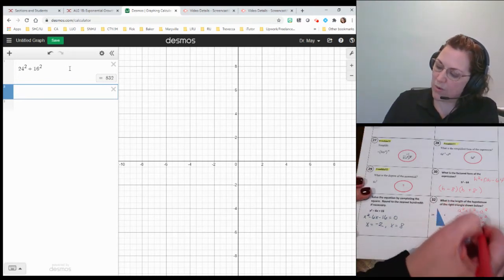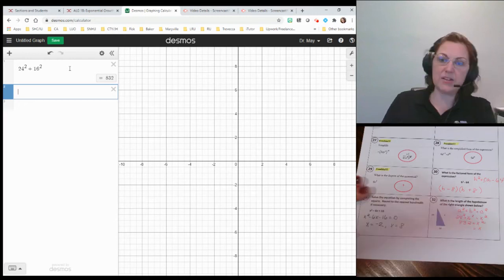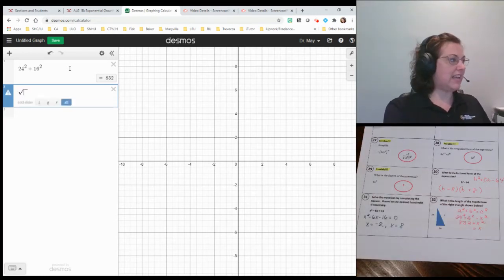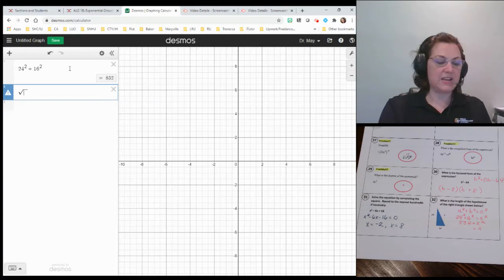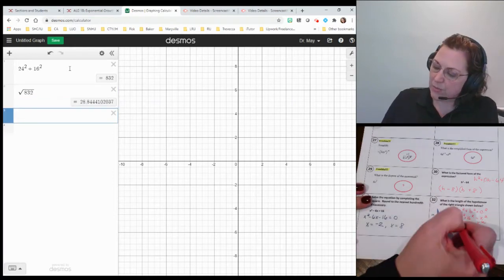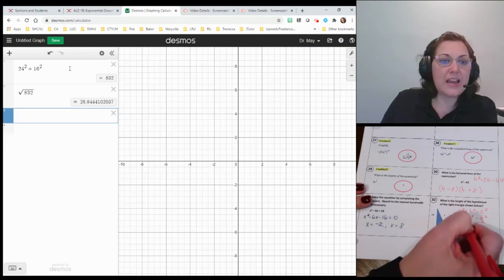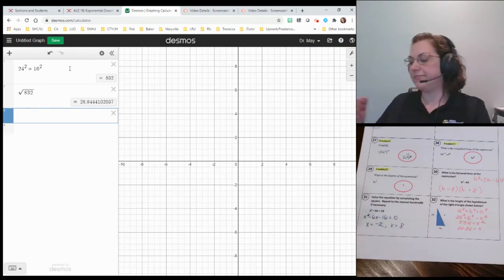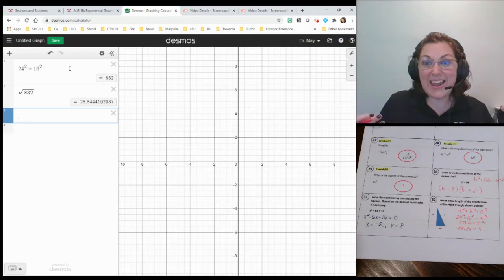And then I need a square root. So I'm going to do SQRT, puts that square root in there, 832, and I get a decimal, 28.84. If we want 28.8, whatever the answer choices lean themselves to be, that's what I would choose here.